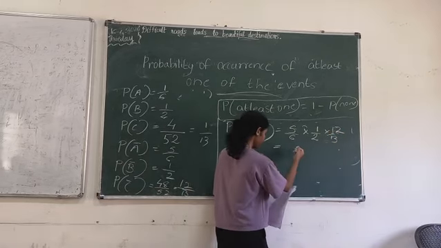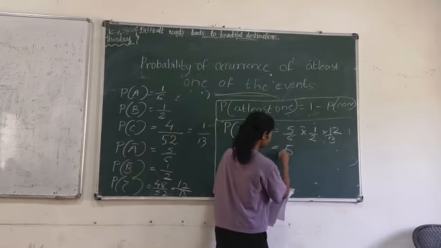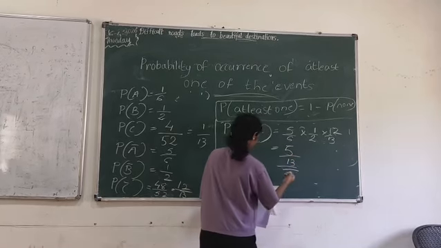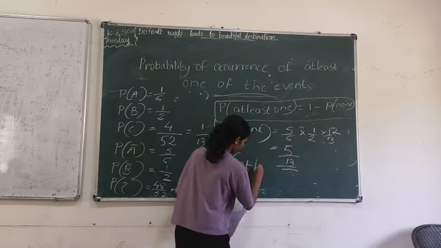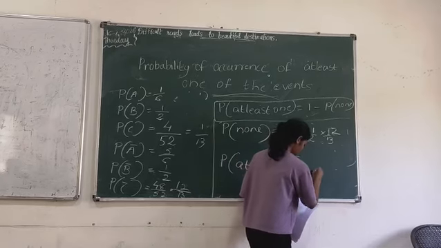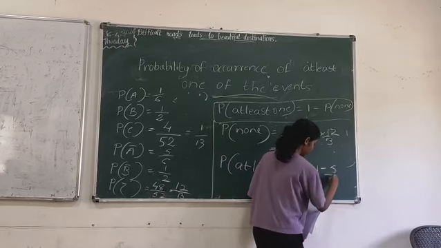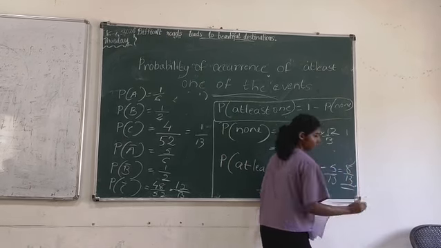Answer will be 5 by 13. Probability of at least 1 equal to 1 minus 5 by 13. That will be equal to 8 by 13.